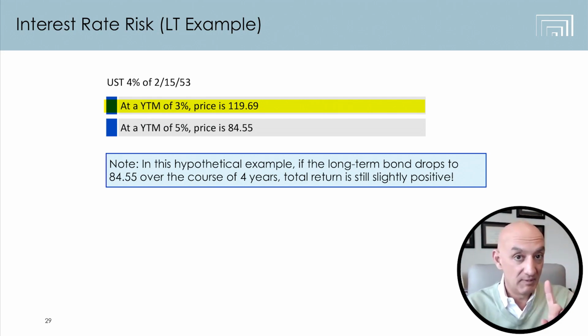But keep in mind, the reason they say bonds generally are more conservative than stocks is if you held this long-term bond, and prices went down that much, in 4 years, your total return is still slightly positive because you dropped 15% in price, but you made 4% times 4 years, you made 16% in income. So you didn't really lose money, but you basically were flat for that 4 years.